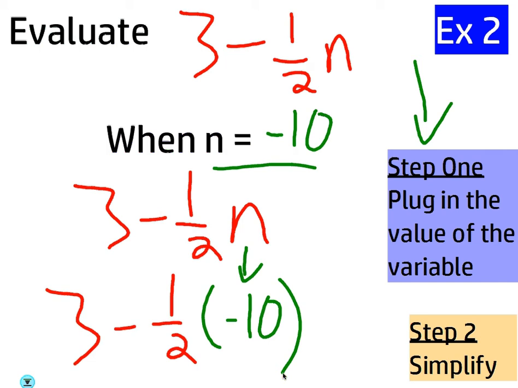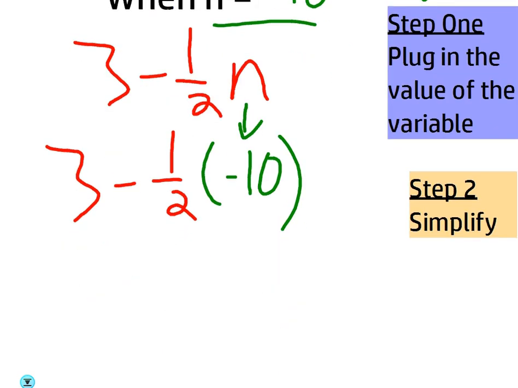All right, so negative n would be positive 10? Yes, that's right. Good job. Negative n would be positive 10. All right, so now that we've plugged it in, we're going to simplify. We need to multiply before we subtract. What is that going to become? 3 minus 1/2 times -10. 3 minus -5.